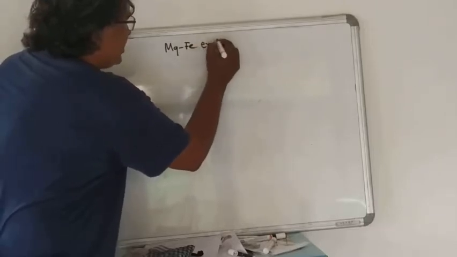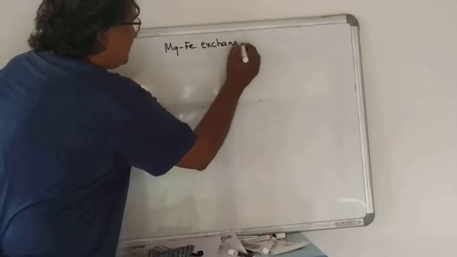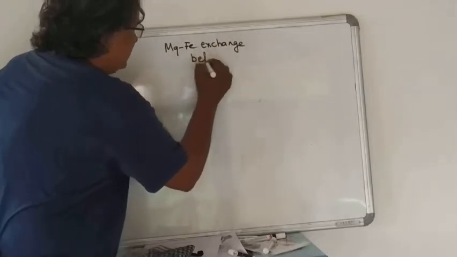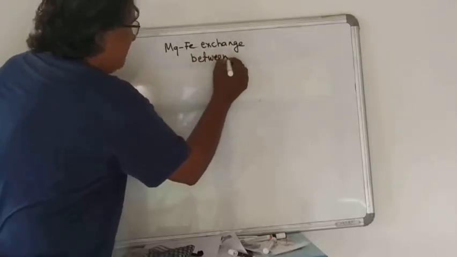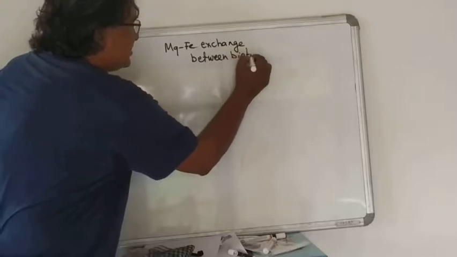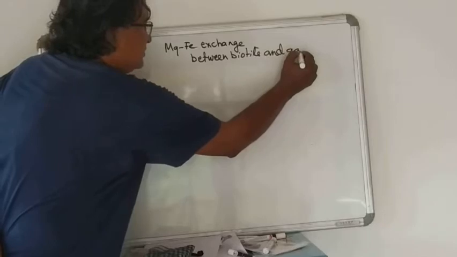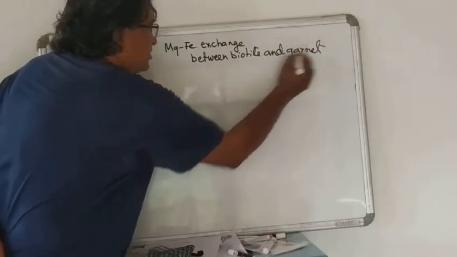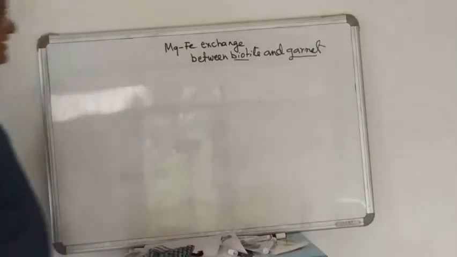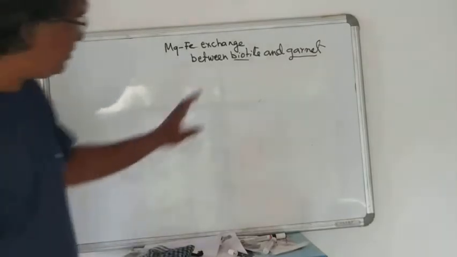Mg Fe exchange, we can take an arbitrary one between, say, biotite and garnet. Let's say biotite and garnet. How does this work? That's what we're trying to look at.